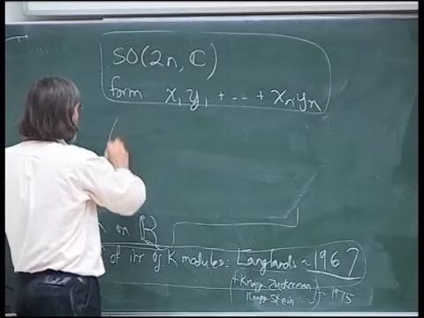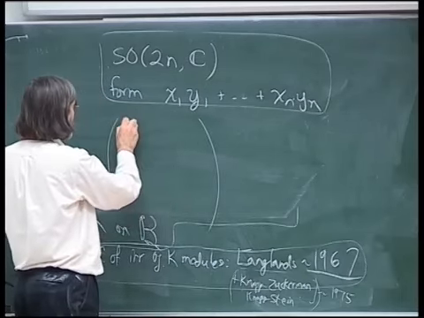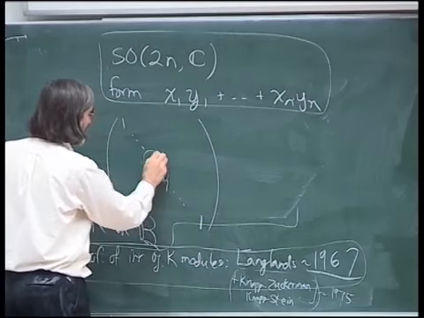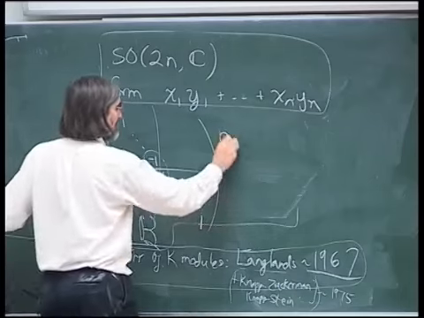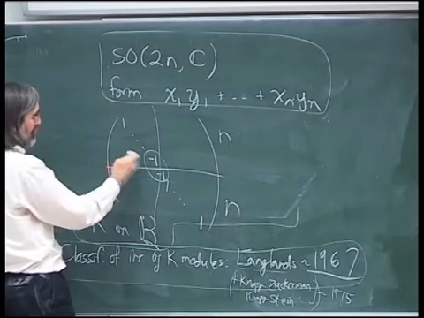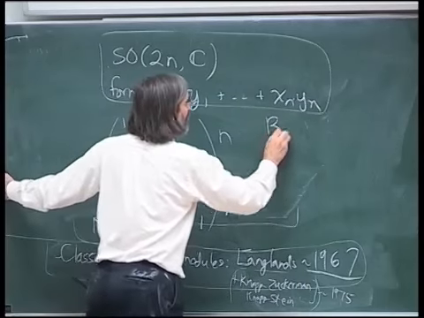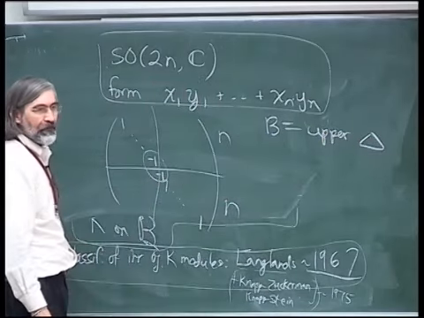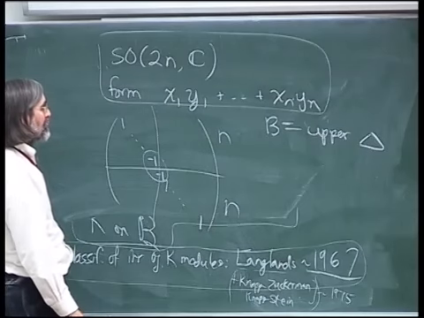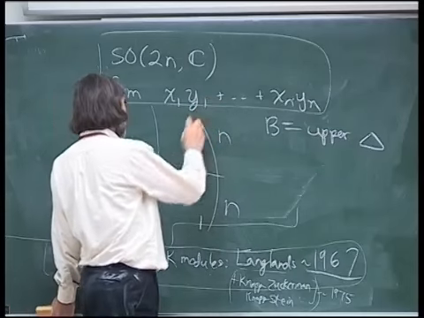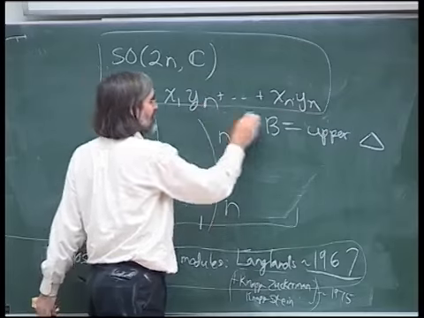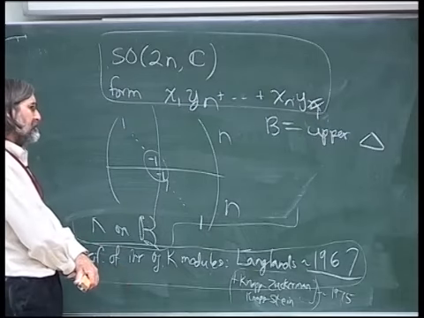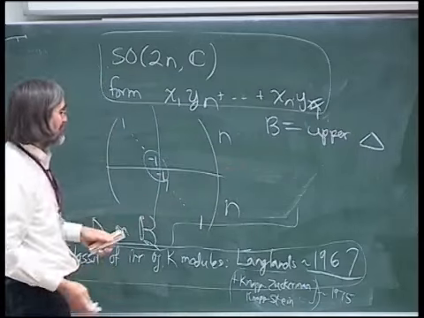Then the automorphism, I write these n by n pictures. The Borel you can take to be upper triangular if you write the form, you should take yn, ..., y1 in the opposite order. You're undoubtedly correct. Anyway, yes, I'm getting closer now.